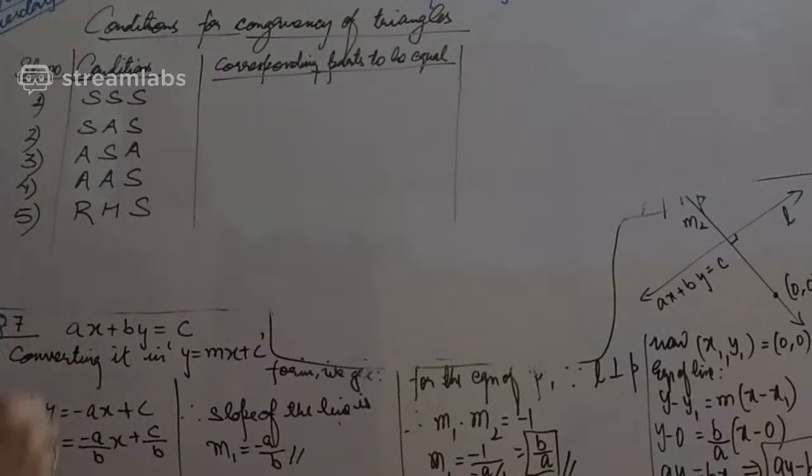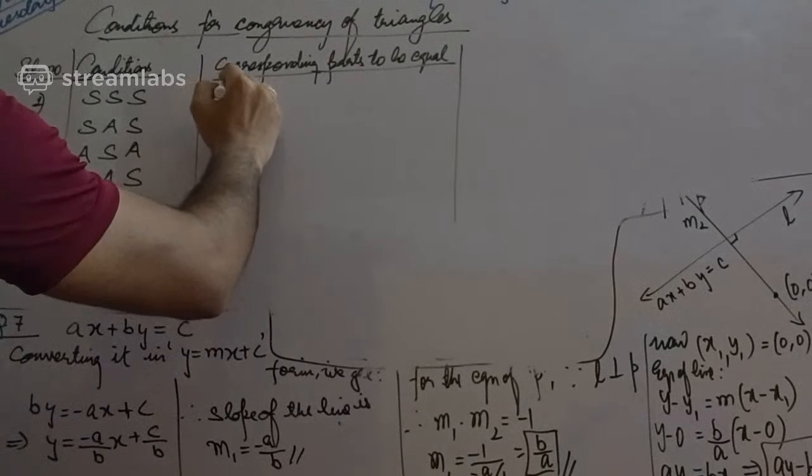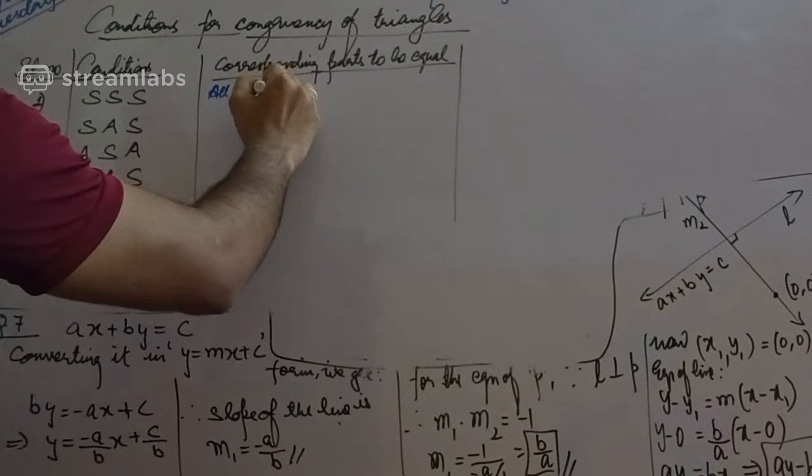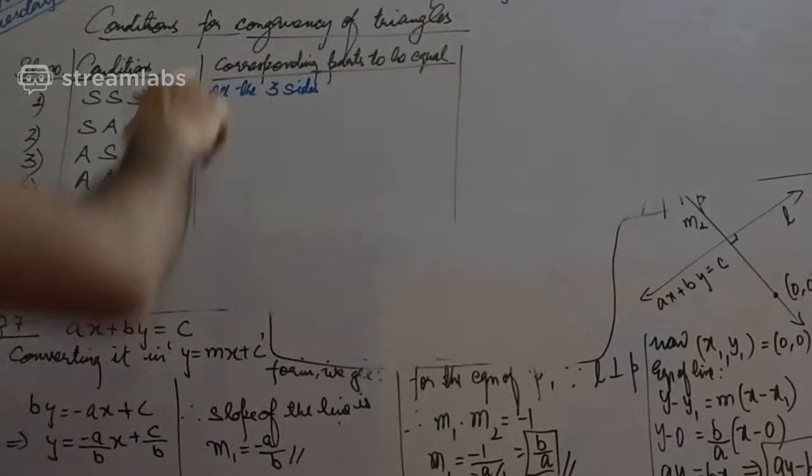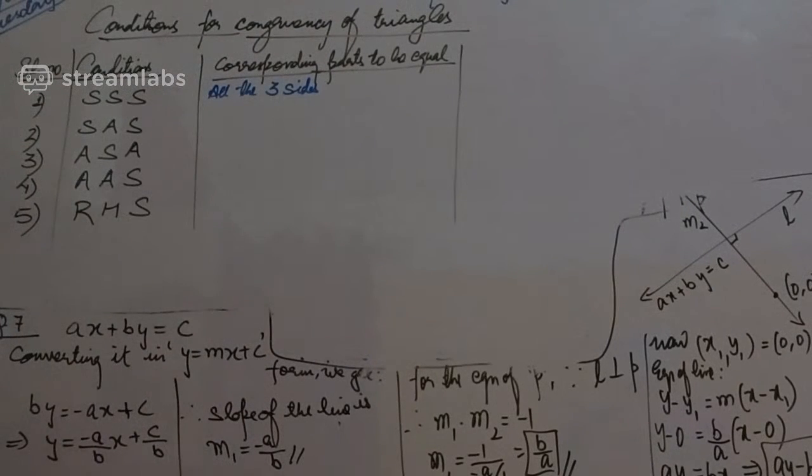Okay, so the condition is coming as, you can write it down correctly: all the three sides correspondingly. Because I've written corresponding parts to be equal, all the three sides correspondingly should be equal.